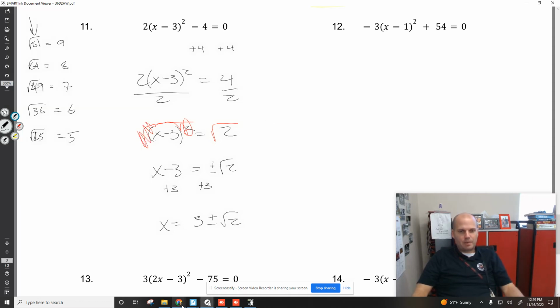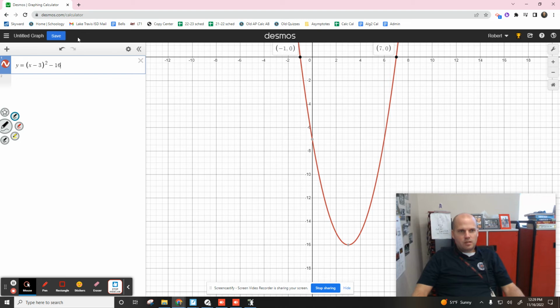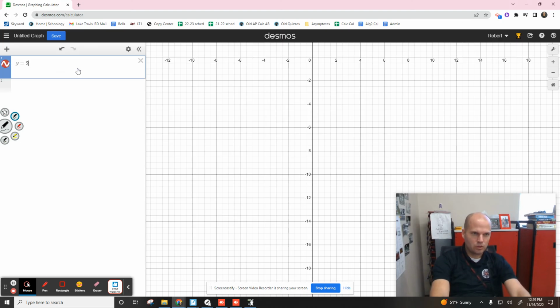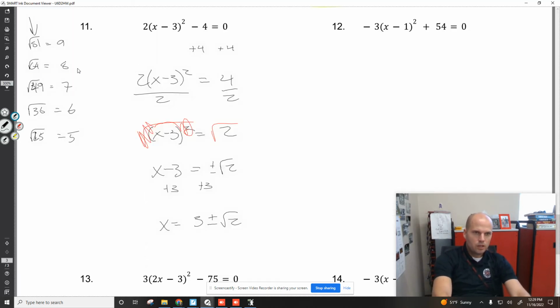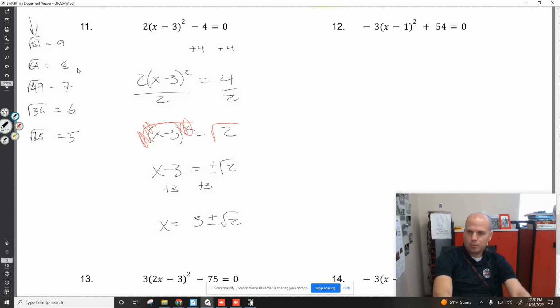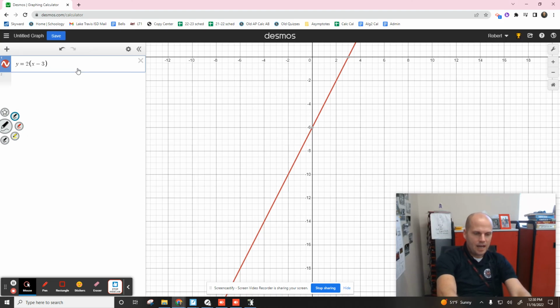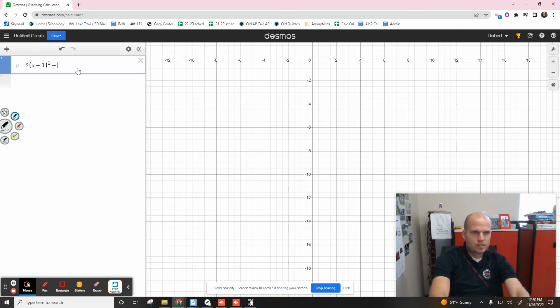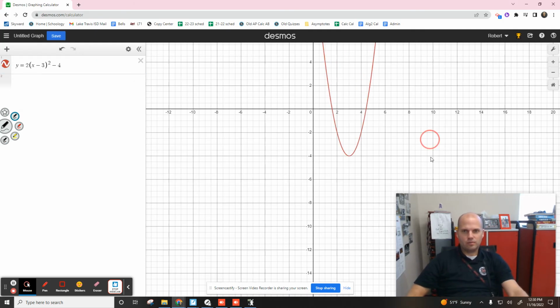Now, the beautiful thing about this is Desmos approximates that 0. You just found an actual location of the 0. This is called an exact number, this 3 plus root 2. It's not a guess. It's the correct answer.